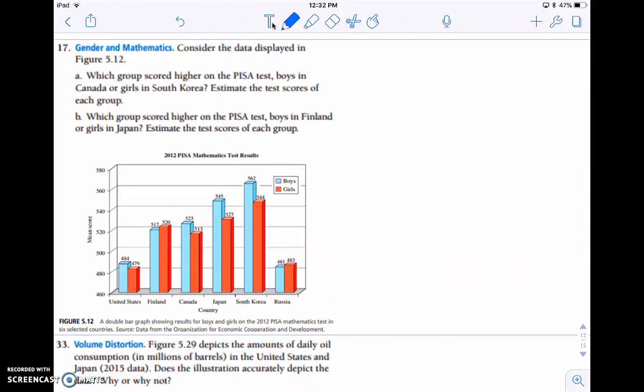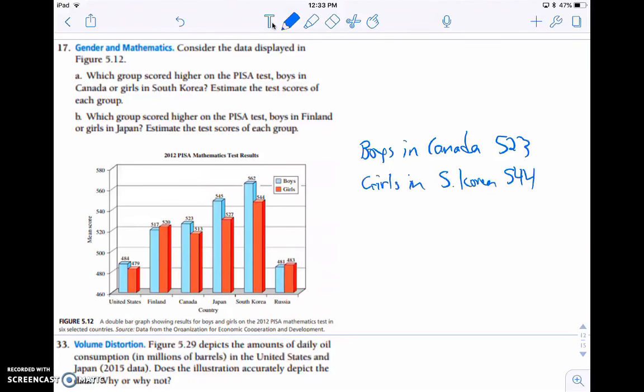We don't have to estimate because they're actually given to us, but if we look at the data that we have, you can see that the boys in Canada scored a 523, and the girls in South Korea scored 544. So the better score was the girls from South Korea when we compare those two groups.